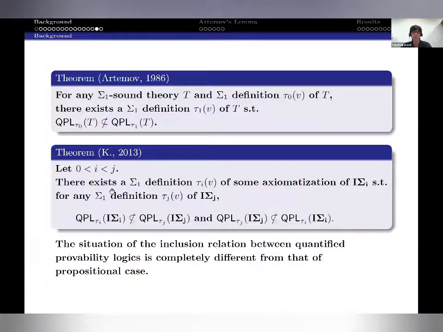There exists a Sigma-1 definition tau_i of some axiomatization of IΣ_i, such that for any Sigma-1 definition tau_j of IΣ_j, QPL_tau_i of IΣ_i is not comparable with QPL_tau_j of IΣ_j. So the situation of the inclusion relation between quantified provability logics is completely different from that of the propositional case.